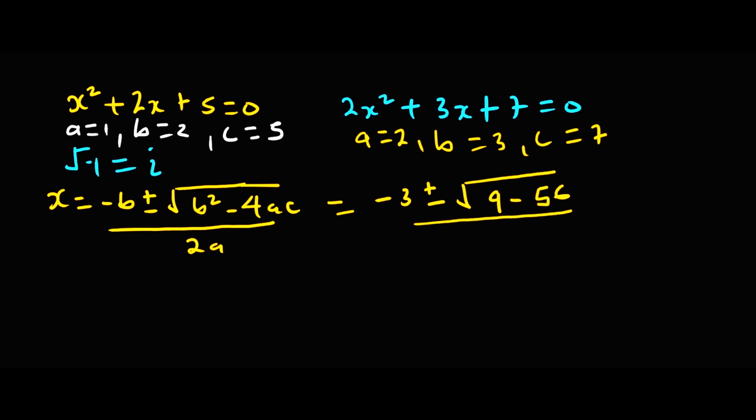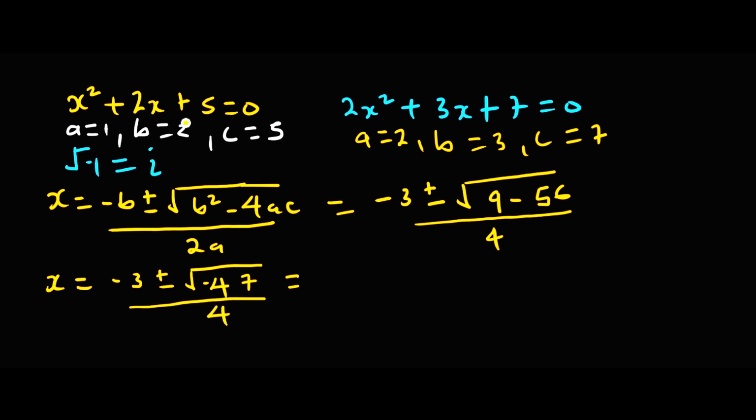And all of that is over 2A, and A is 2, so it means that it's over 4. So let us simplify this. So x would be equal to minus 3 plus or minus the root of 9 minus 56, and that is minus 47, and that is over 4.